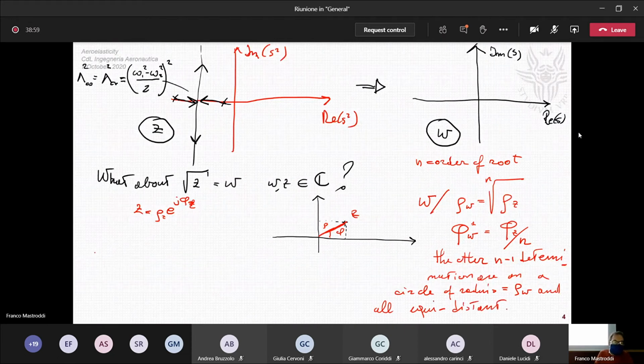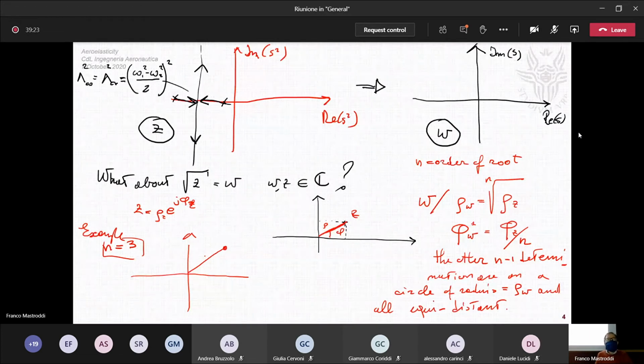Consider an example here for a cubic root, n equal 3. You have this original number, like this, and this is rho zeta.